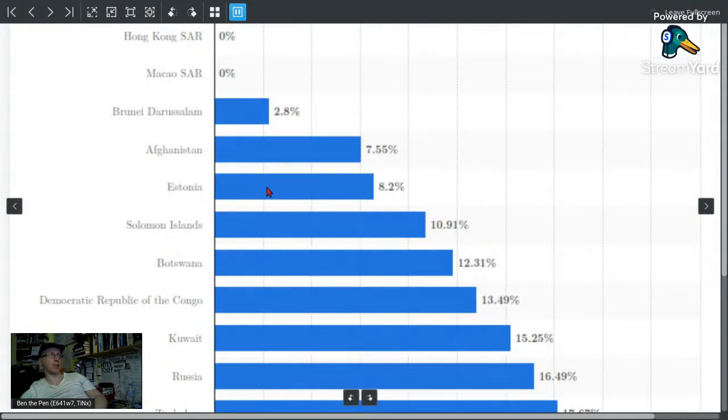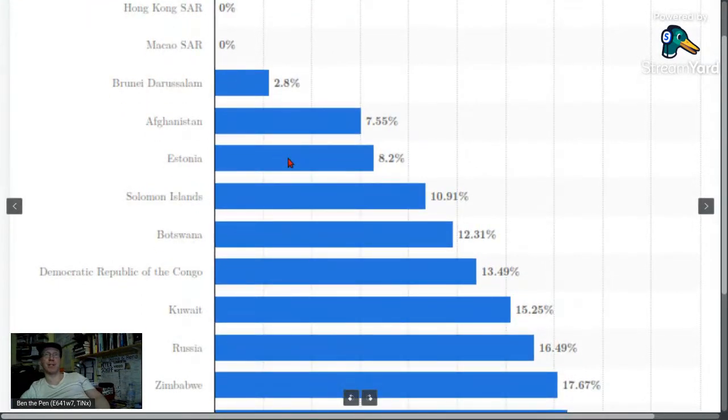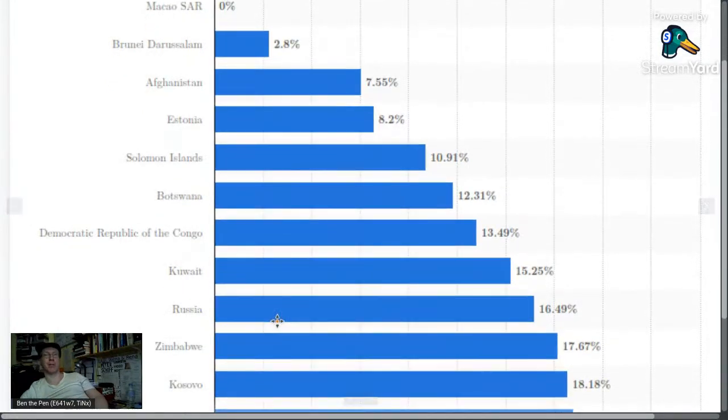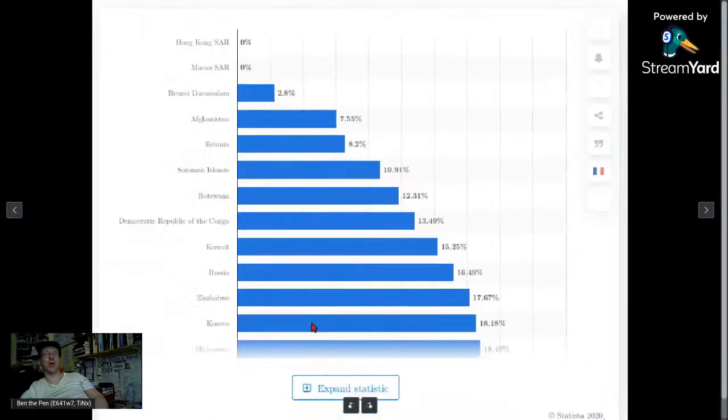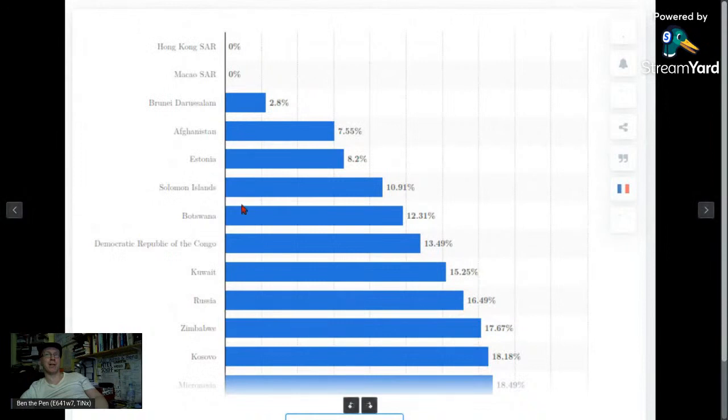I know someone from Estonia, Miriam, who's playing Laura in the sitcom, or rather sci-fi-ish, dramatic-ish comedy. Solomon Islands, small. Botswana, Kuwait, oil-rich, then Russia. So these are the countries with the lowest debt to GDP. Financial discipline.